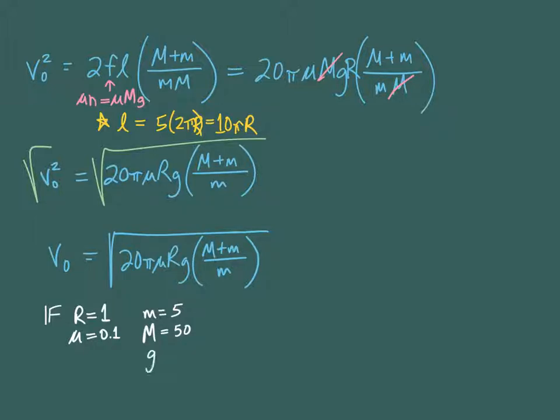And let's keep G as 10. So these are all nice numbers to play with in our function here. What does this turn out to be? If I did everything right here, I should get 8.24 meters per second. That would be the speed of that skater.